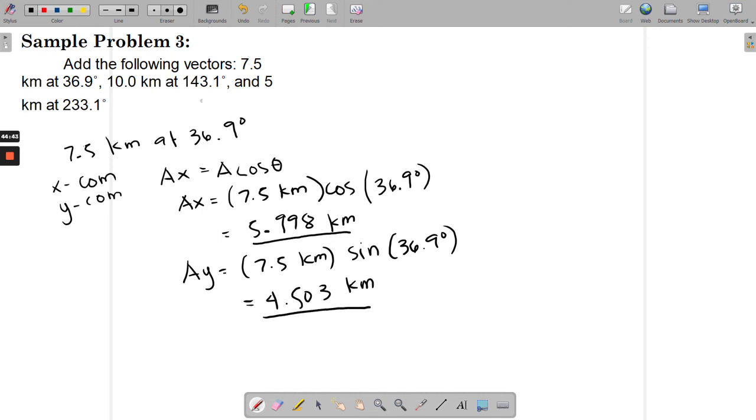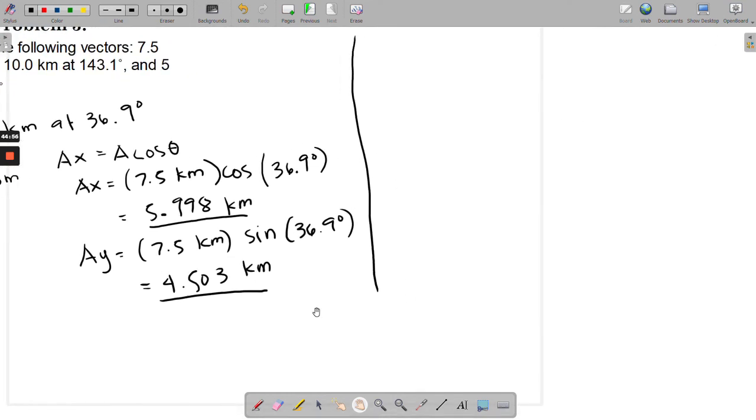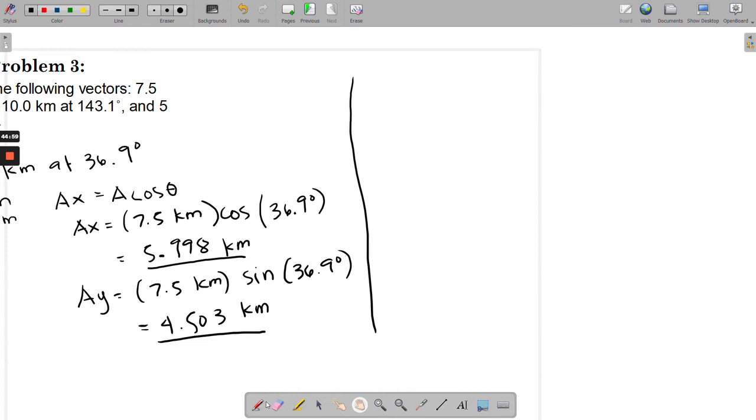And we have to do that to all our vectors. This time we have 10 kilometers. For the x component, x is equal to 10 cosine of the angle, which for the 10 is 143.1 degrees, and that is equal to negative 7.997 kilometers.